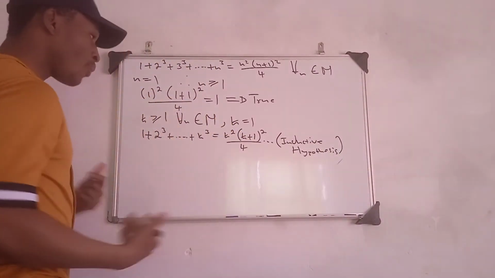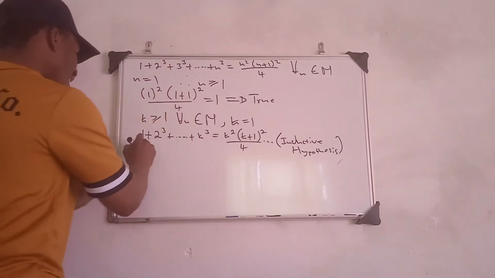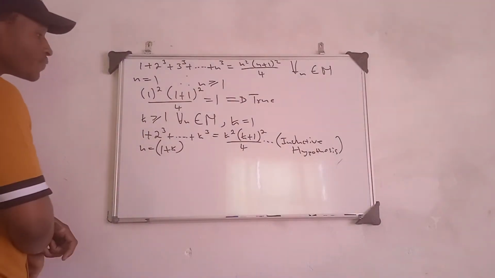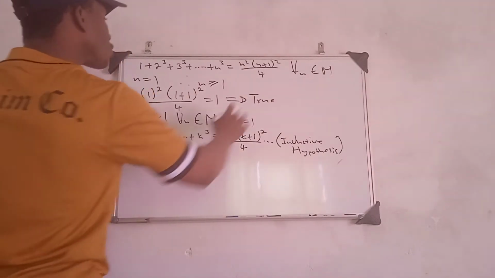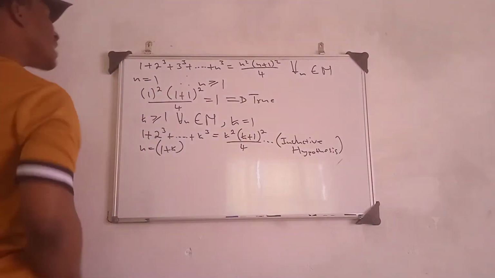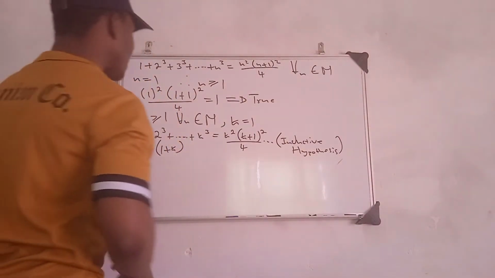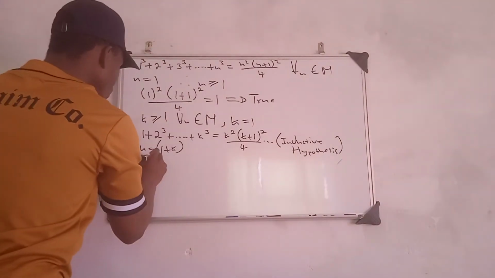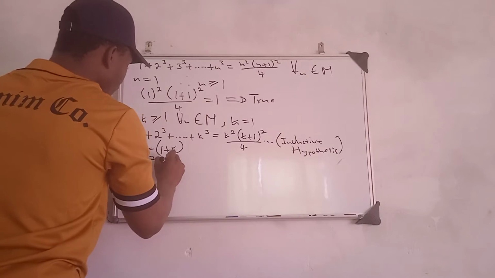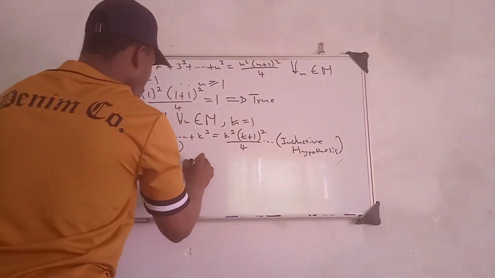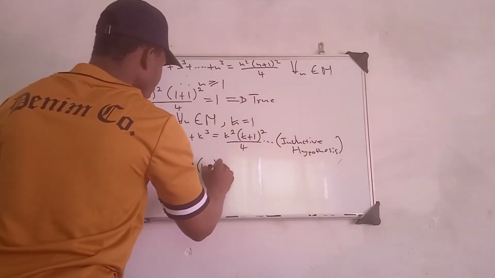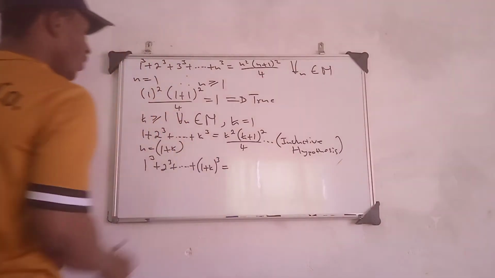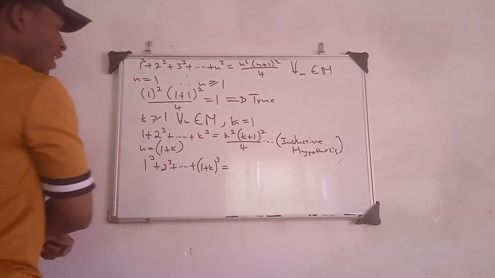So if this hypothesis is true, it means that n equals k plus 1 should also be true. So I'm going to use this series again, but wherever I see n this time, I'm going to put 1 plus k. So it's 1 to the power 3 plus 2 to the power 3 all the way to (1 plus k) to the power 3. Remember to put this power here because I substituted in this n.